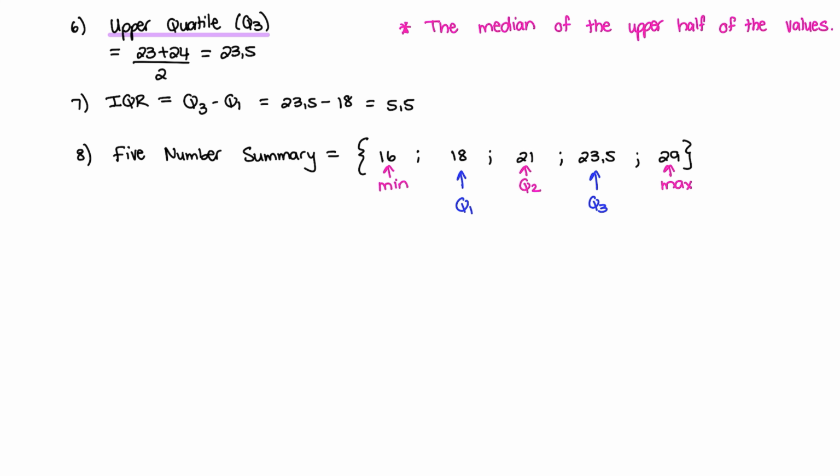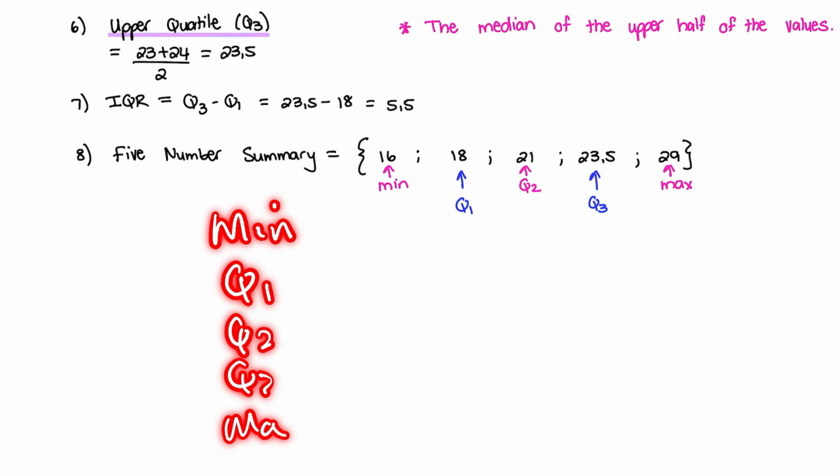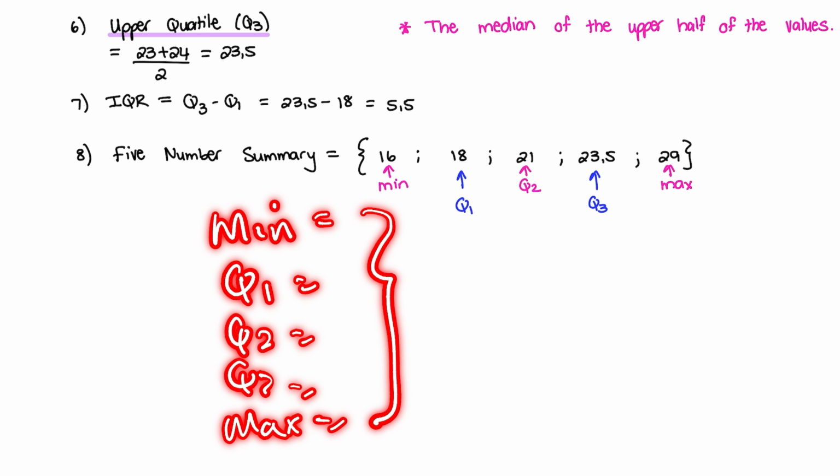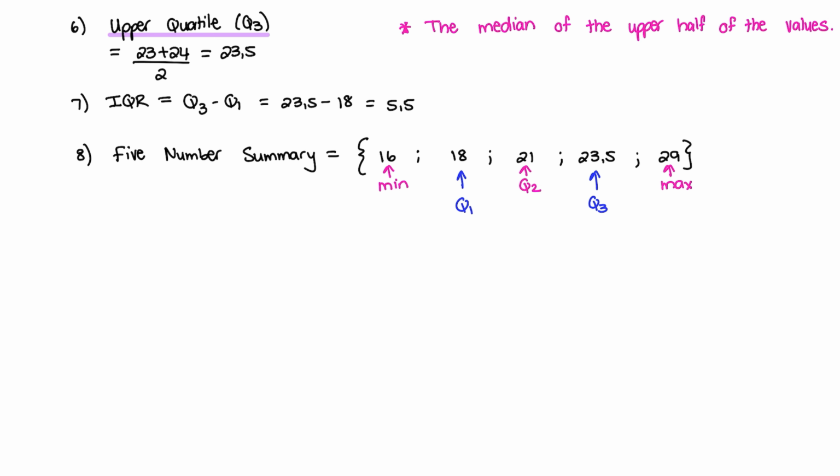Now, when you represent this data, you can represent it as curly brackets. You don't have to make a list that says minimum, quartile 1, quartile 2, quartile 3, maximum, and then equals like that. Even though that's also a 5-number summary, you can represent your data in curly brackets, and you don't have to write anything next to it.